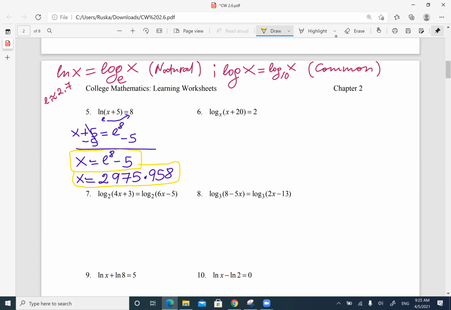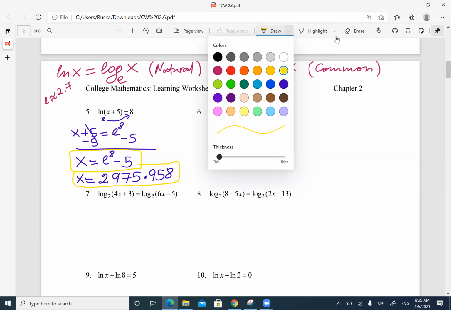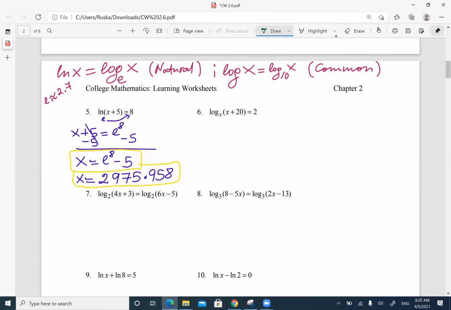Then you're going to go ahead and do number 6, where we're going to do the same. We're going to change logarithm to exponent. So we have x plus 20 equals, the base is x, and it's going to turn to exponent 2, right? And then this is quadratic, so I have to move everything to the same side, so it's going to be minus x and minus 20. So the equation becomes x squared minus x minus 20 equals 0.